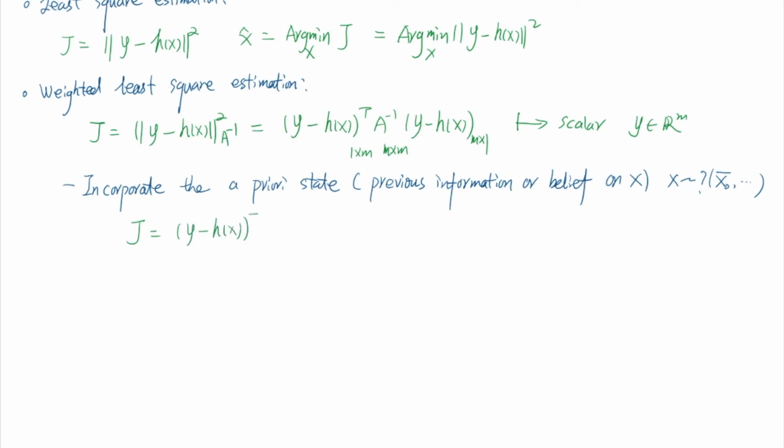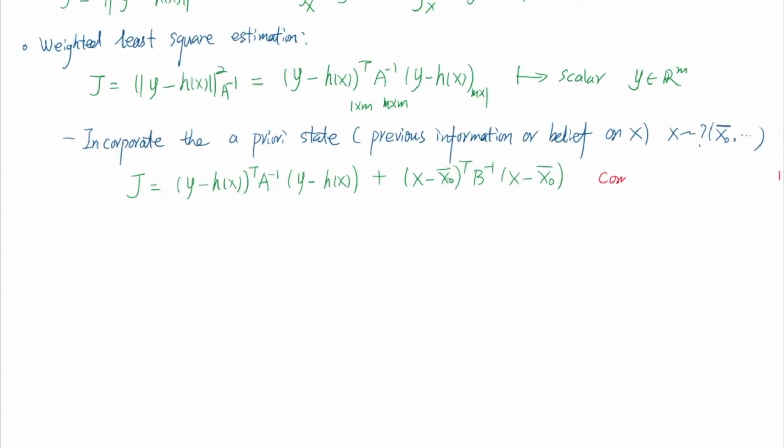First of all we repeat the previous expression, and also here we add the expression for the a priori states in this format. Here B is the weight matrix for the a priori state, and this is the complete form of the least square estimation goal function.